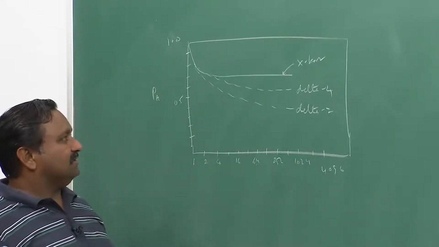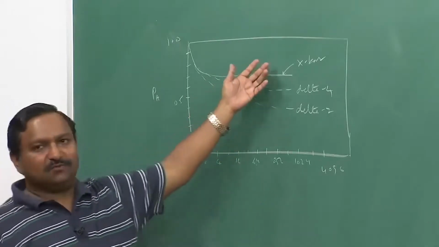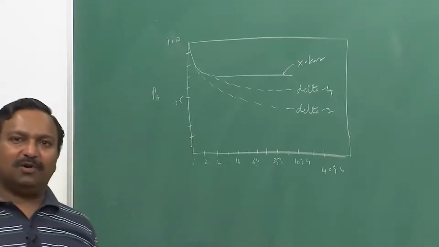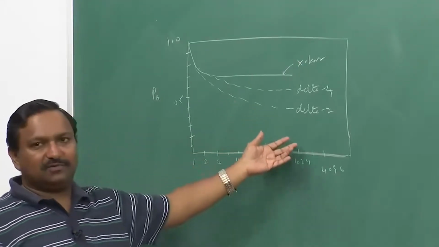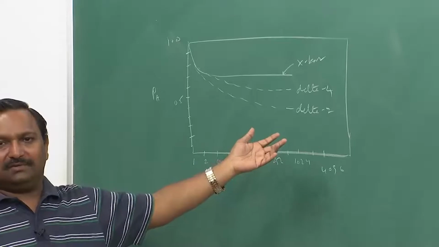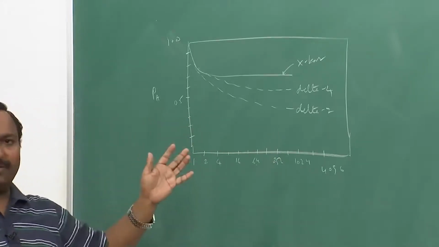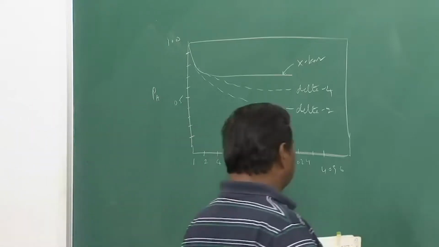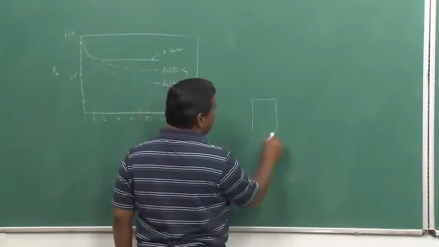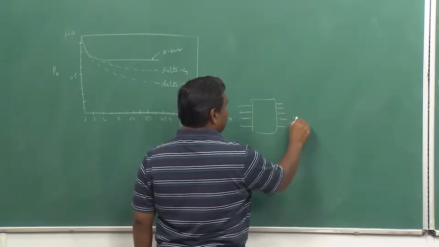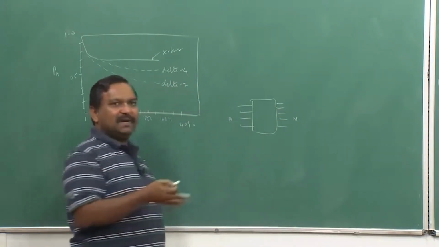Of course, the crossbar is a fully strictly non-blocking network, but these others are blocking networks. In fact, if you want to estimate permutations between a crossbar and delta, I think I can do that. If you have a crossbar of n by n, how many possible connection patterns can exist?